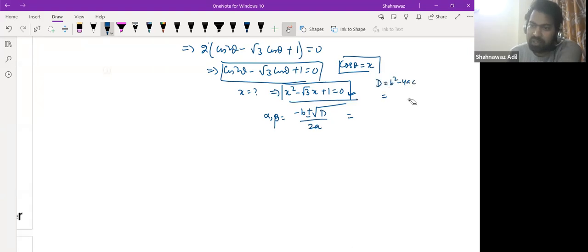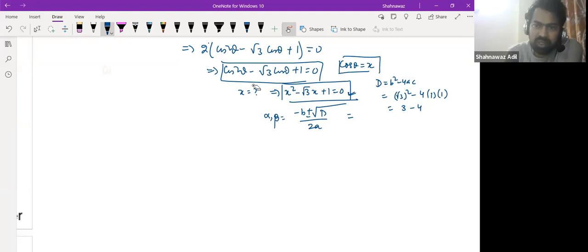This is root 3 square minus 4, a is 1, c is 1. So this is 3 minus 4, so this is imaginary. Why are we getting this imaginary? But can't we solve it using middle term splitting? Because this is a root, it would be easy to solve by this method, right?